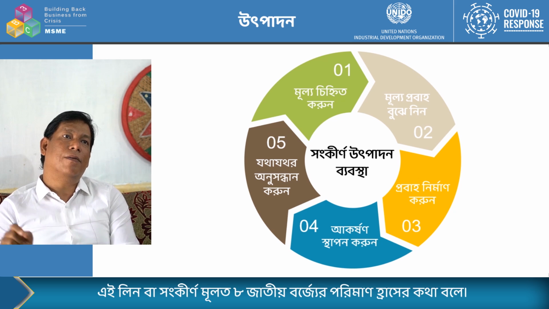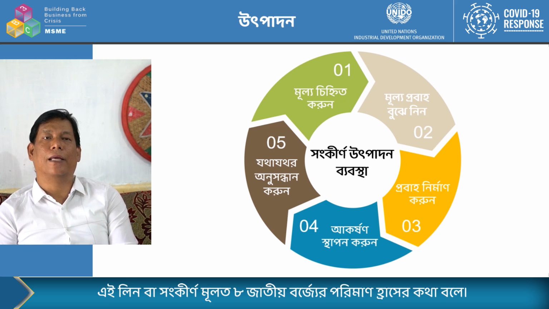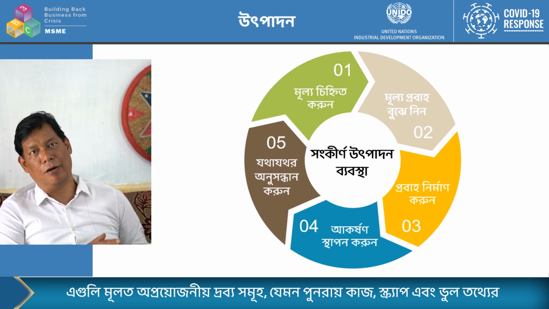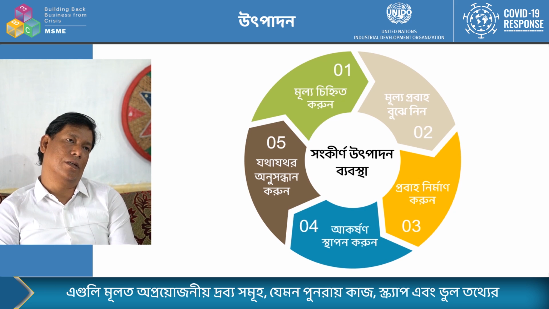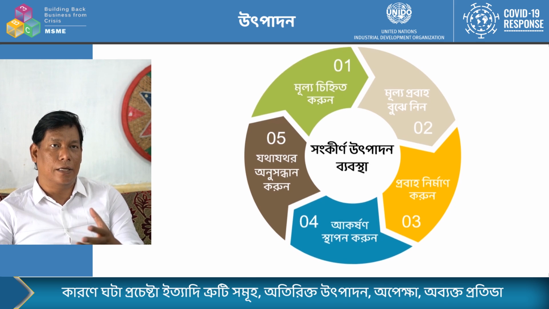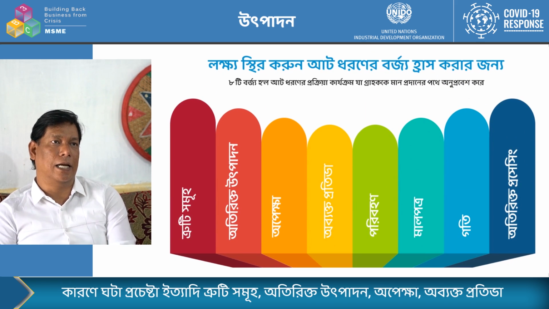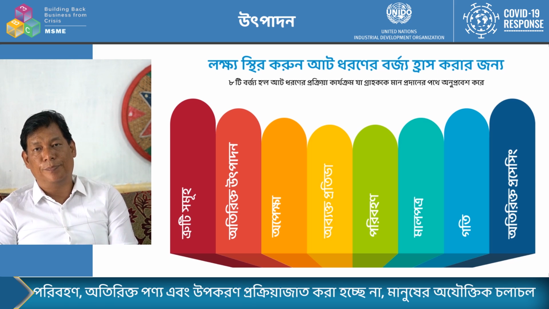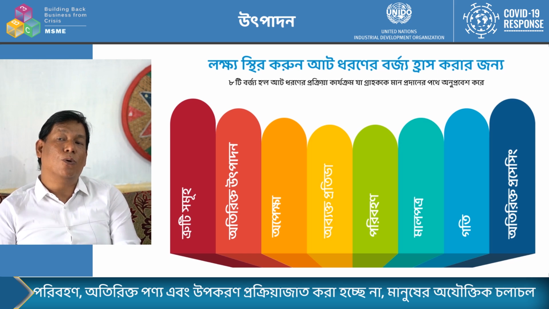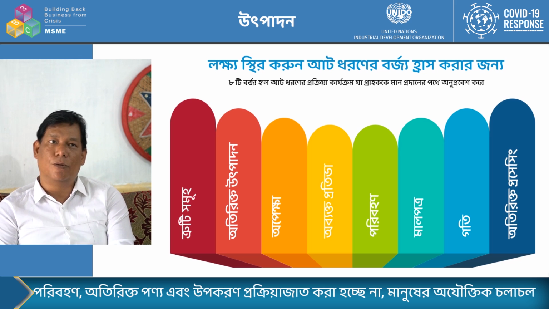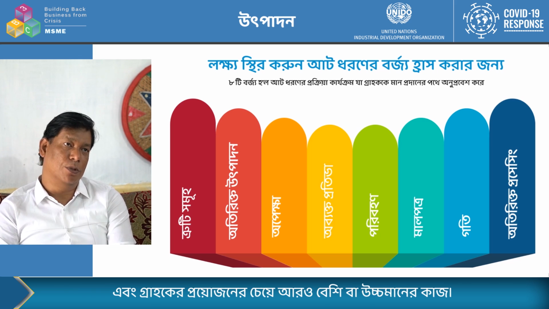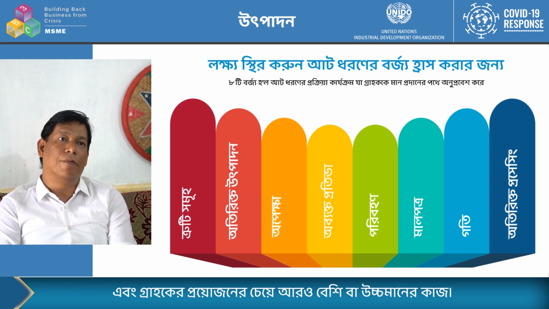So lean basically focuses on reduction of 8 different kinds of waste. These wastes are unnecessary or avoidable components, for example transportation, if there is any unnecessary transportation happening in your plant operations, or excess inventory, unnecessary motion of people, equipment or machinery, waiting, whether it is people waiting or idle equipment, overproduction of a product or over-processing of a product, which is probably taking more of your time and effort.